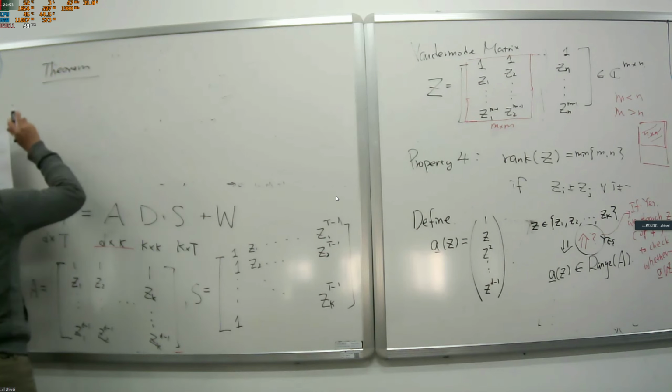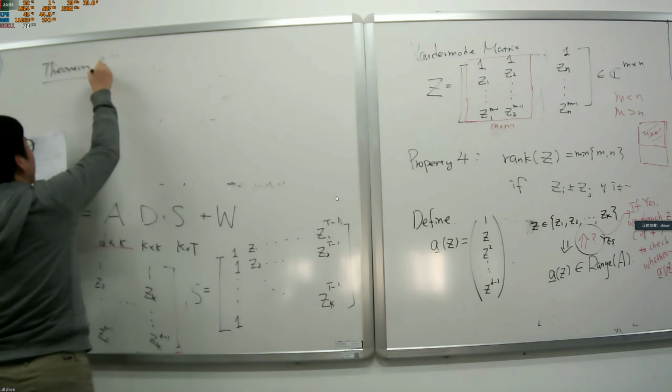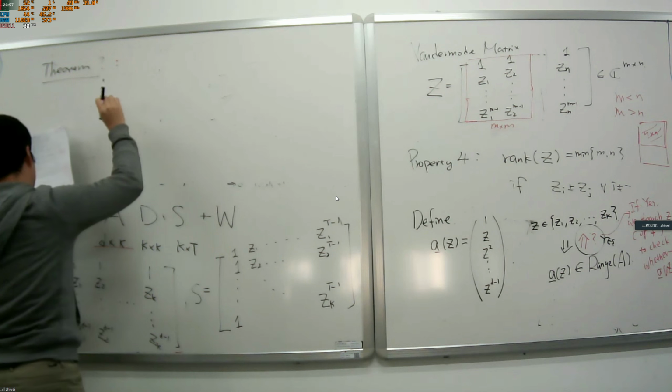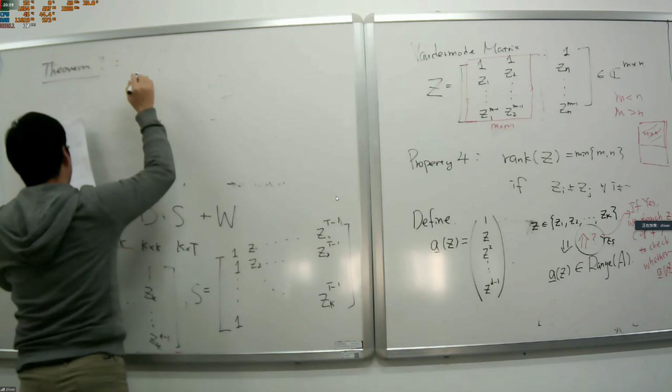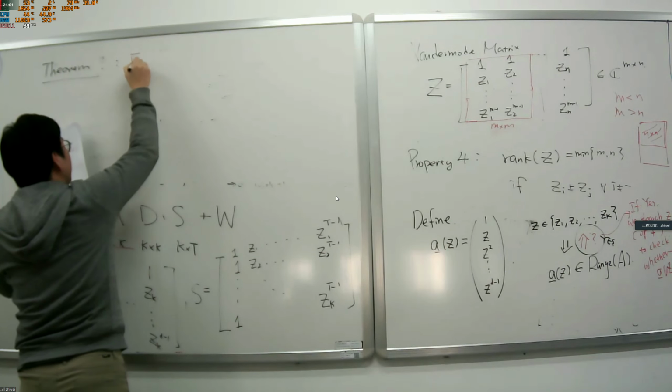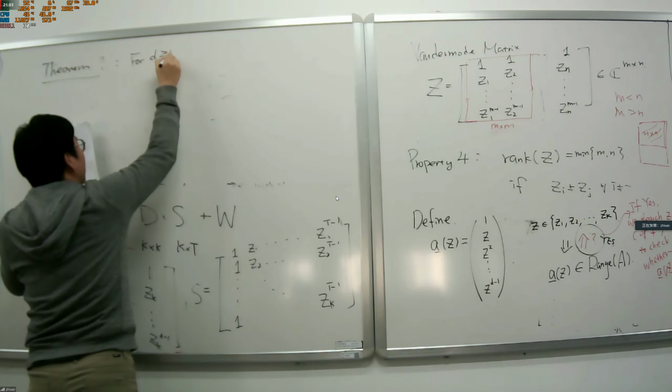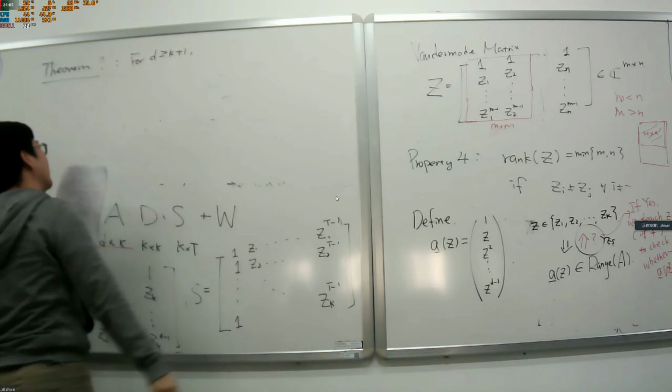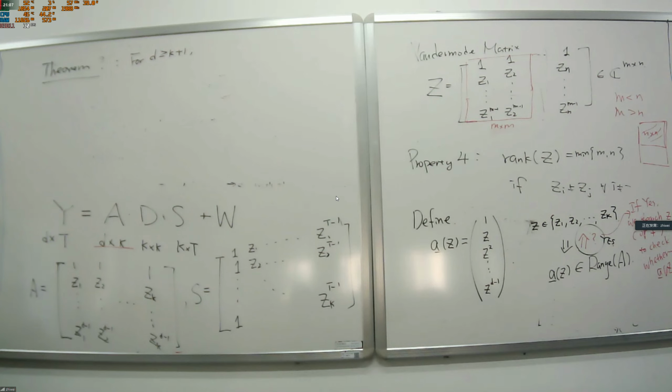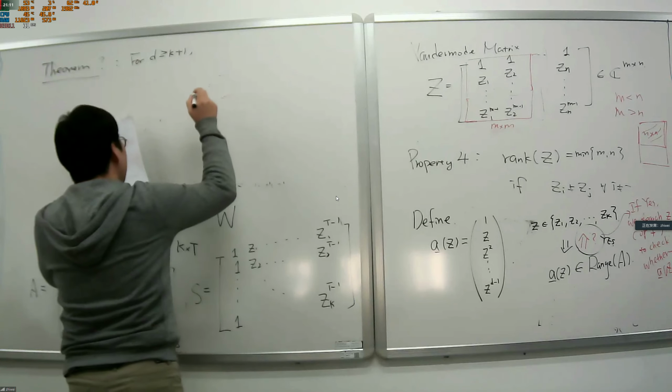So there's a theorem, I forgot the number. It says that we assume D is no less than K plus 1. D is greater than or equal to K plus 1.